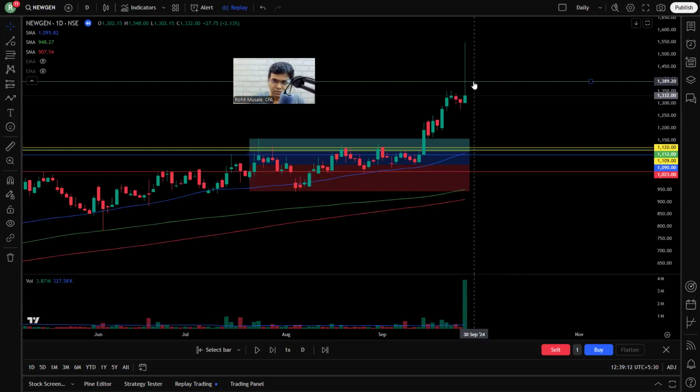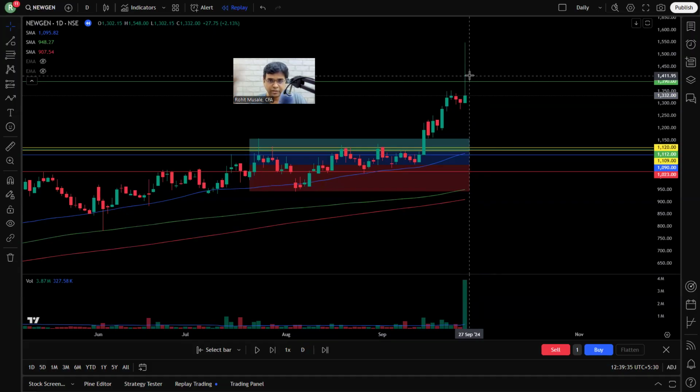Or I would simply move the hard stop loss to the green line. So if it comes down, I will be automatically kicked out of the stock, thereby guaranteeing the 25% return, because the green line is 25% above my buy price.